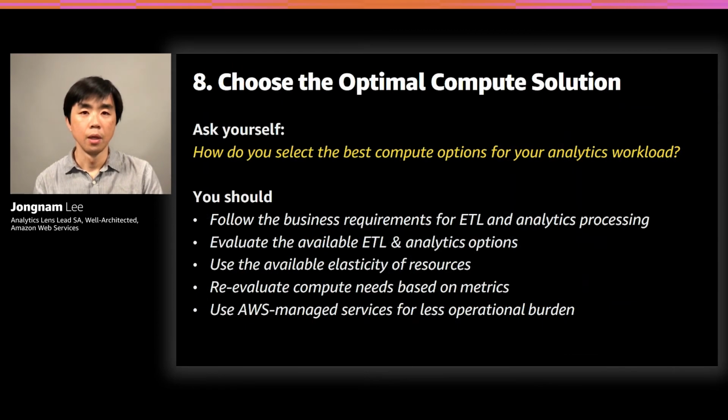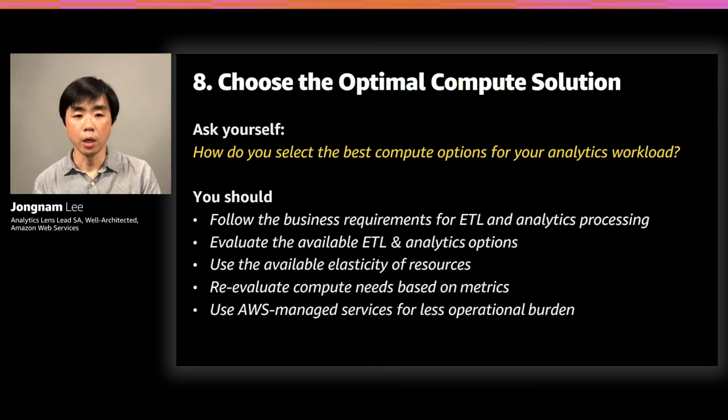So that's it. So the next design principle is choosing the optimal compute solutions. So please follow the business requirements for ETL and analytics processing, such as does your business need real-time processing, or is it okay for your business to process the data on a daily basis?